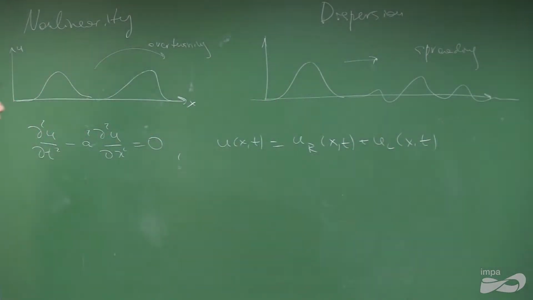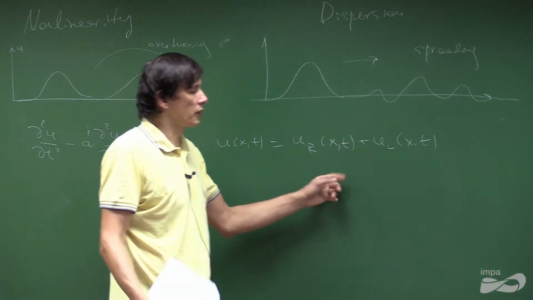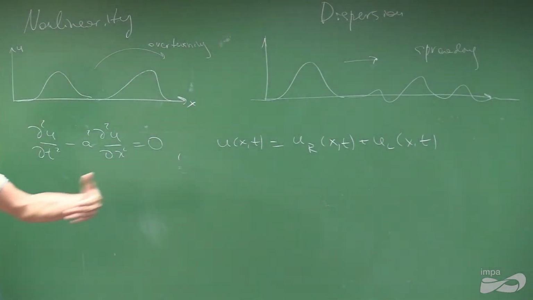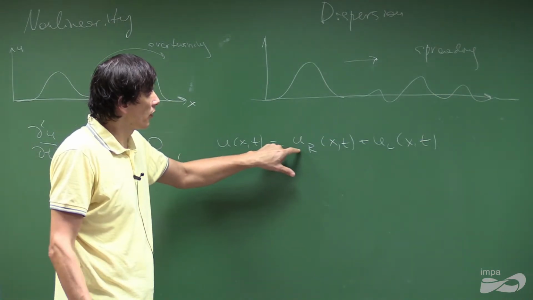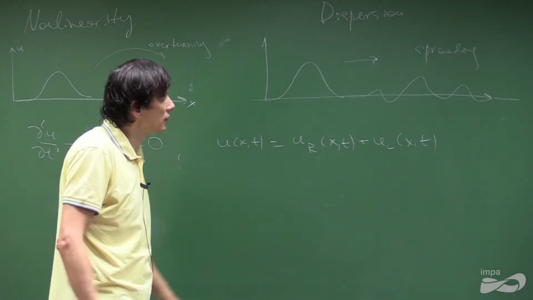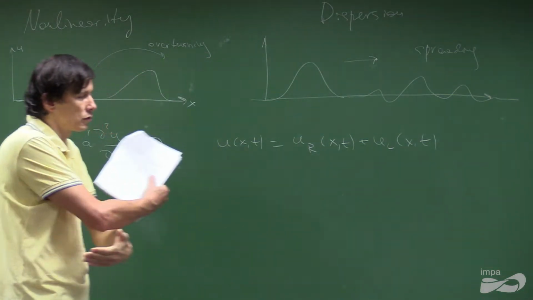Then we saw that if all effects are weak, then we can neglect interaction between the left-going wave and right-going wave because they don't spend much time together. Whenever nonlinearity appears, the wave can interact with itself nonlinearly. It happens all the time, but interaction between them happens just for a short time.